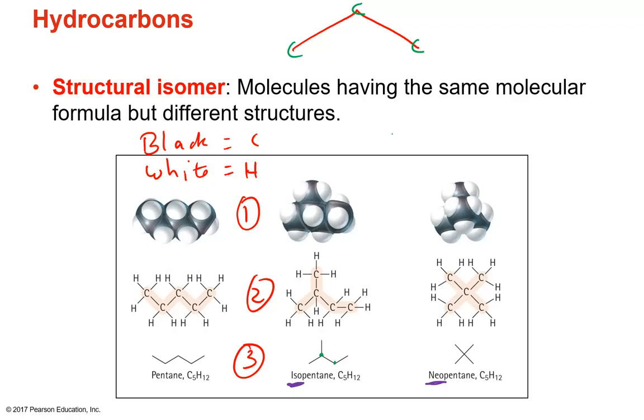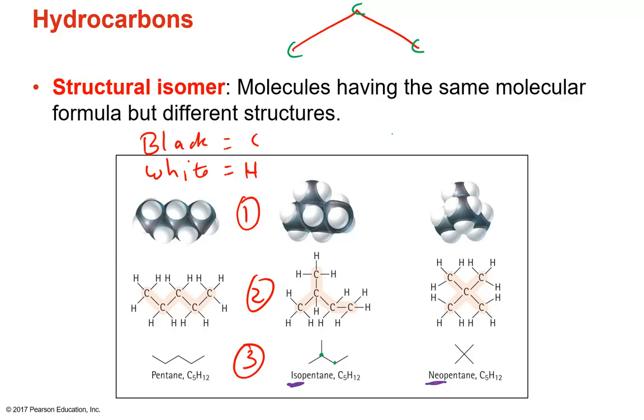Isopentane has 1 carbon that instead of being connected to 2 carbons is connected to 3 carbons. And neopentane has 1 carbon that instead of being connected to 2 carbons is connected to 4 carbons. So that's the difference between the iso, the neo, and the no prefix.